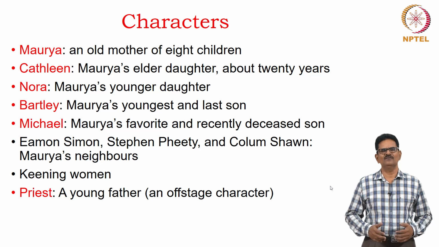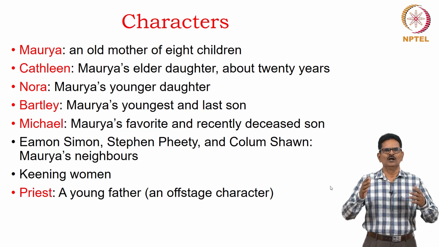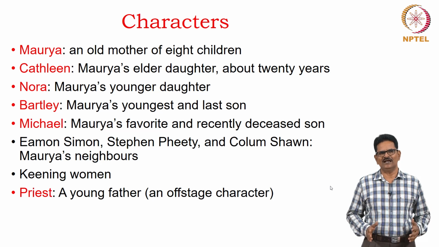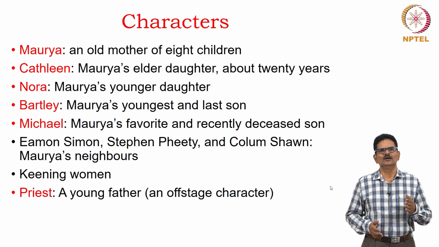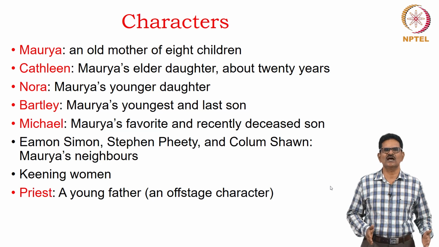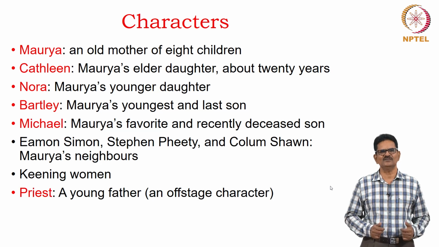We also have 6 sons of Maurya, but almost 5 of them die before the play begins. Only Bartley, the youngest son, is left, and at the end of the play we notice that Bartley, the youngest son, also dies. Michael is the favorite son of Maurya, and he had recently passed away.